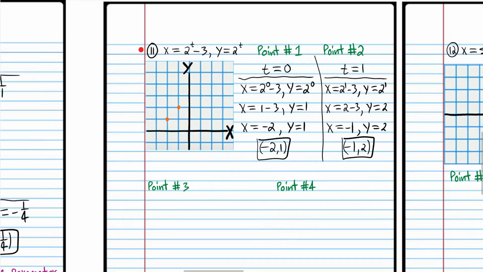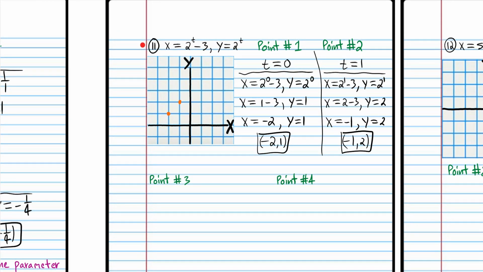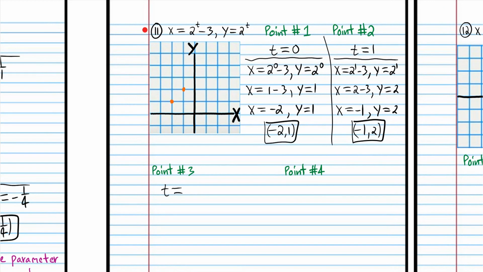Okay, and let's choose another t value. So let's choose t is equal to, let's see, we could choose maybe 2. So x is equal to 2 to the 2 power minus 3.